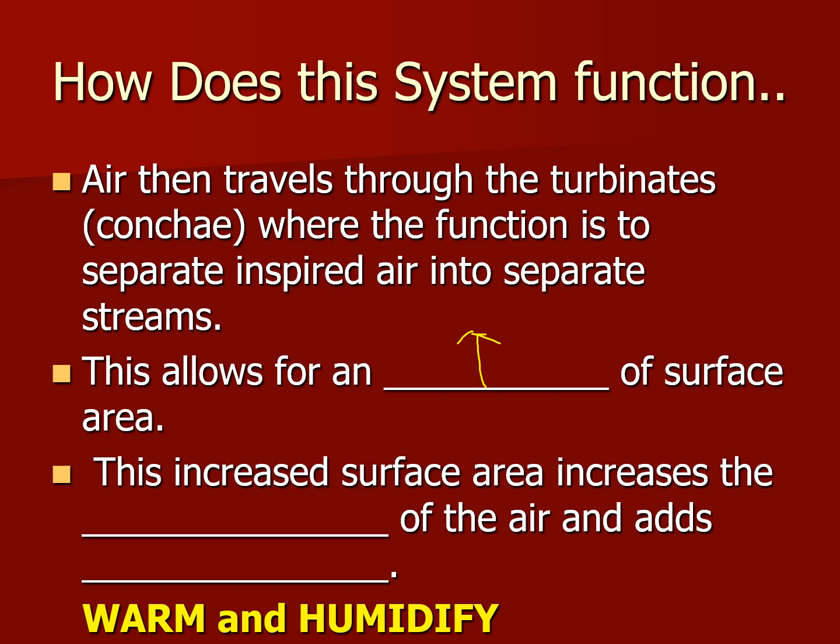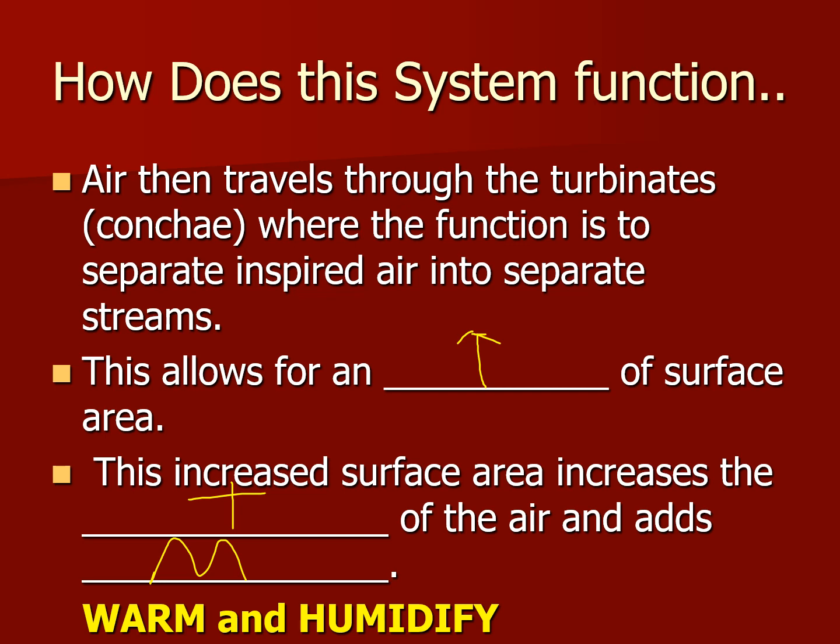And this increased surface area increases, you ready for this? The temperature, so I'll just write a T in there, the temperature of air, and adds everybody's favorite word, moisture. It adds humidity. You can put humidify in there if you want. So increased surface area increases temperature and moisture or humidity.